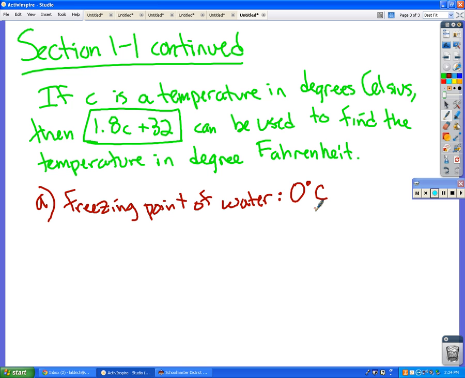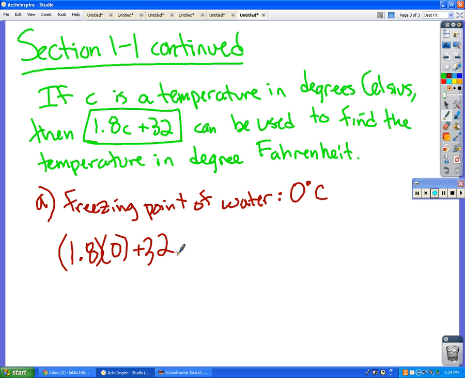Right, so the first thing I'm going to do is replace the C with a 0 so that I can multiply it by 1.8. Okay? All this is what we were doing on Friday, where you start out with a formula, and then you plug in numbers for the variables and figure out what the answer is.